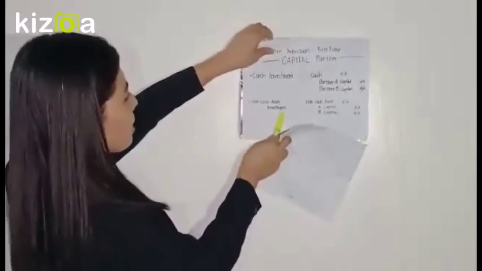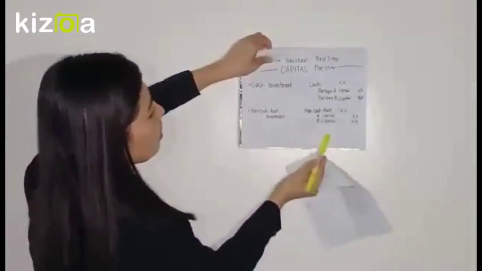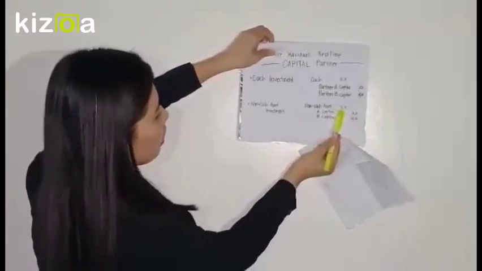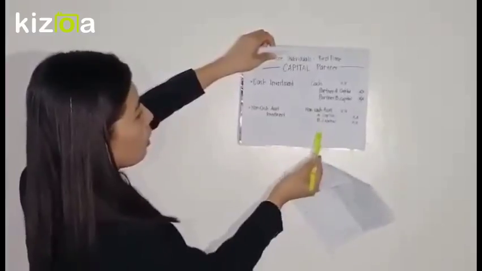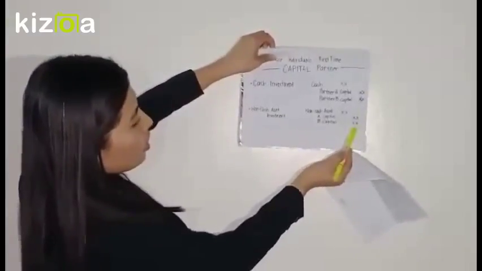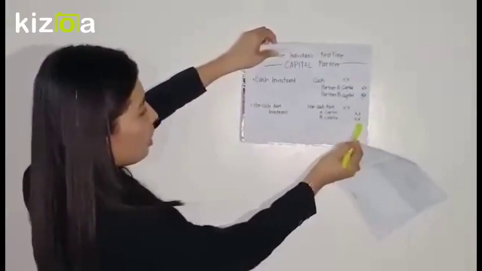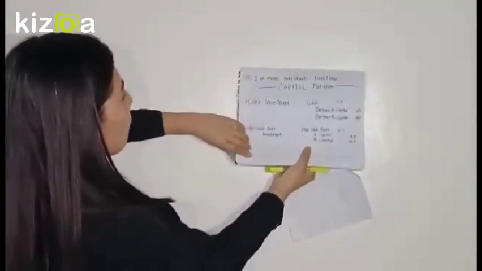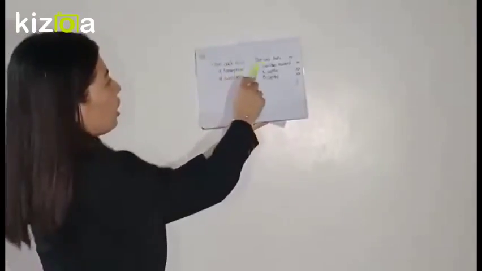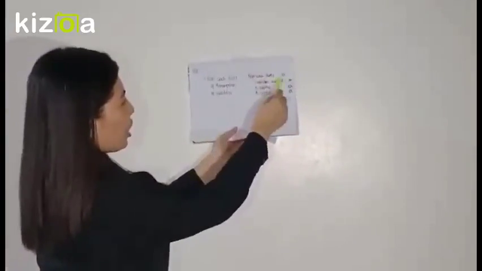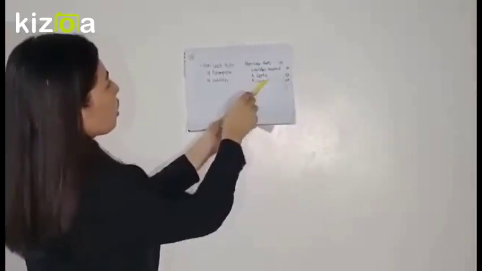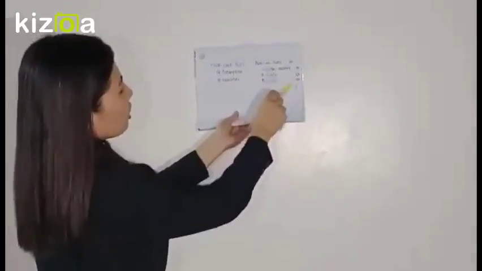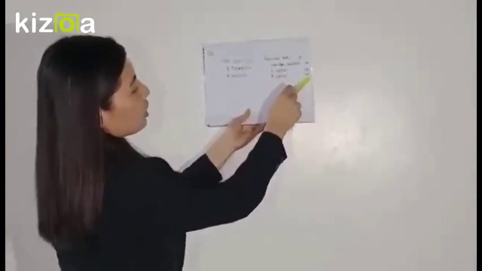A non-cash asset investment is debited. Then the capital of both partners, A and B, is entered in the credit account. For non-cash assets, the entry goes in debit. For the liabilities assumed, the A capital and B capital entries go in the credit account.